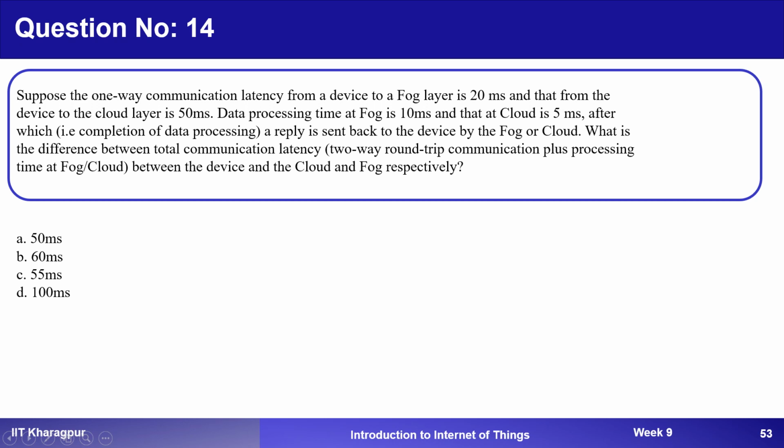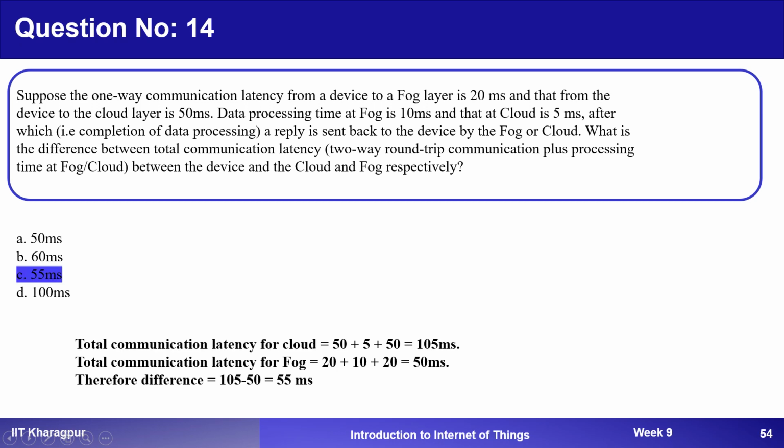So total time required for cloud processing is 105 millisecond. For fog, the time to send the request is 20 ms, the time to get the response is 20, which becomes 40, and the processing time at fog is 10 millisecond, so 40 plus 10 is 50. So for cloud it is 105 and for fog it is 50. The difference is 105 minus 50, which is 55 millisecond.